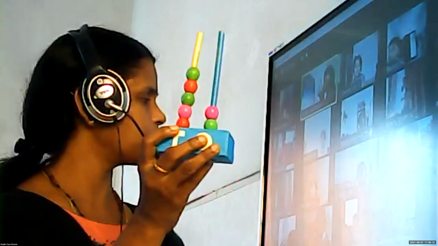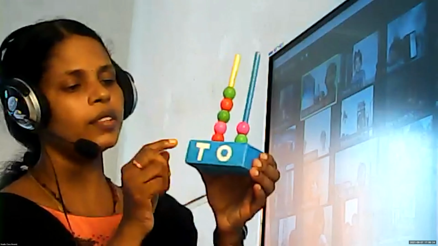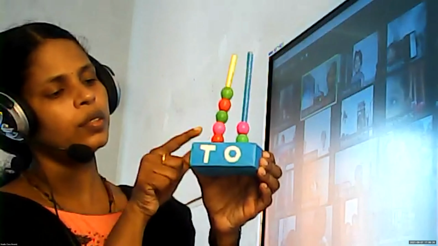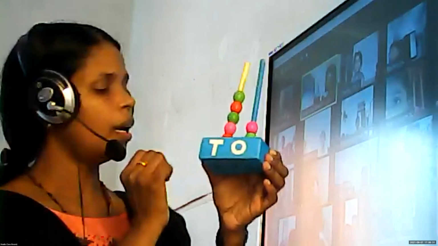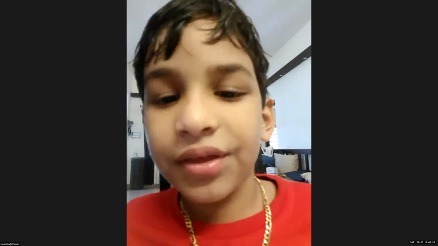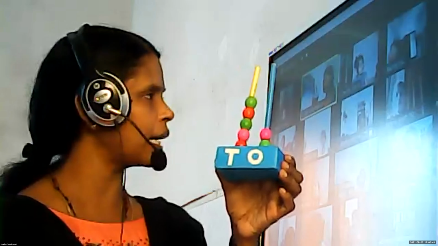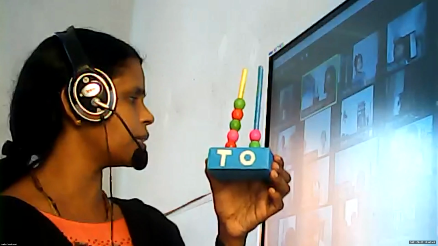I'm showing an abacus. What's the number? At the 10 space, you can see 1, 2, 3, 4, 5. At the one space, 1, 2. 5 tens and 2 ones. Very good. Rishikesh, tell me the correct answer.